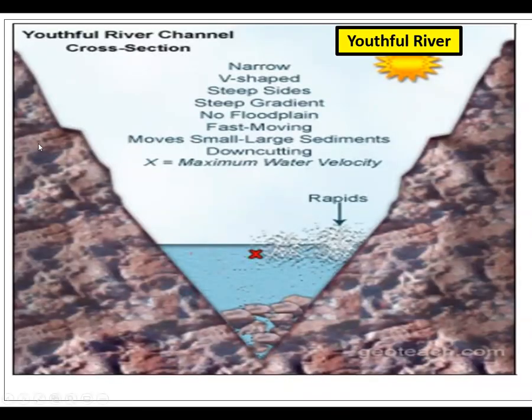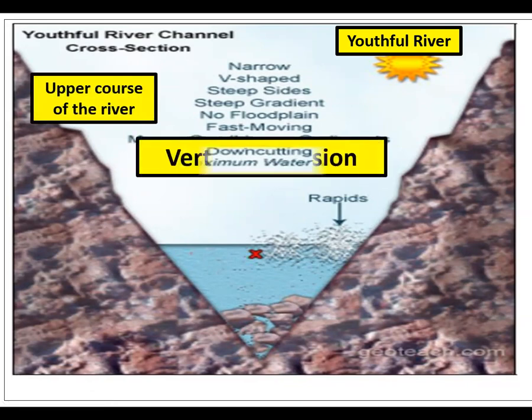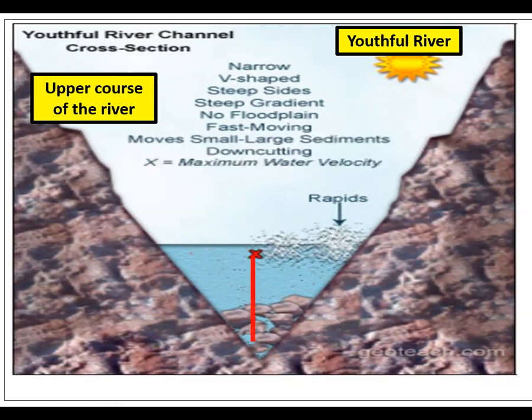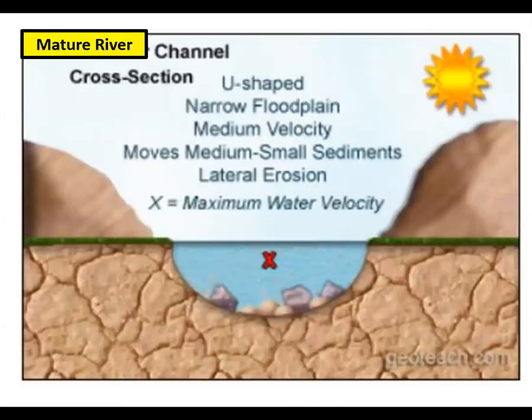Now, youthful rivers have this shape. It's a V shape. The upper course of the river is usually shaped like this. We call that vertical corrosion. Now, the mature river does not have a V shape. It's more of a U shape because the water is flowing slower.